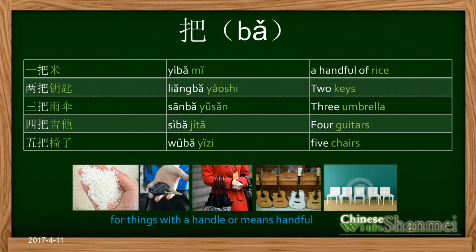Here with chairs, I know some chairs don't really have a handle or things that you can lean on. For those chairs, you don't use 把 as the measure word. But for chairs like in the picture, if you have a back to lean on, then you can use 把. 把 can also mean handful, like you grab a handful of rice or flour, you can use 把 as the measure word.